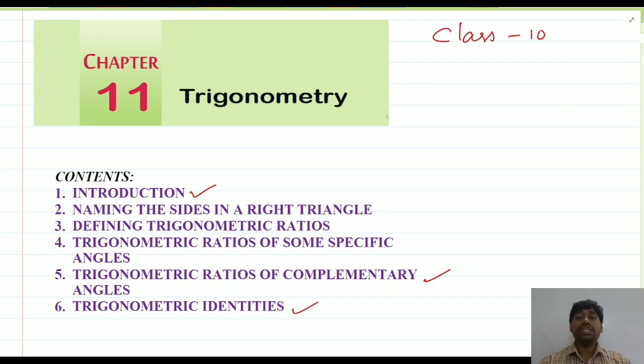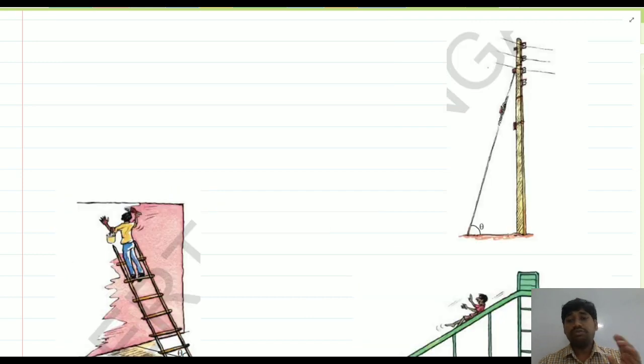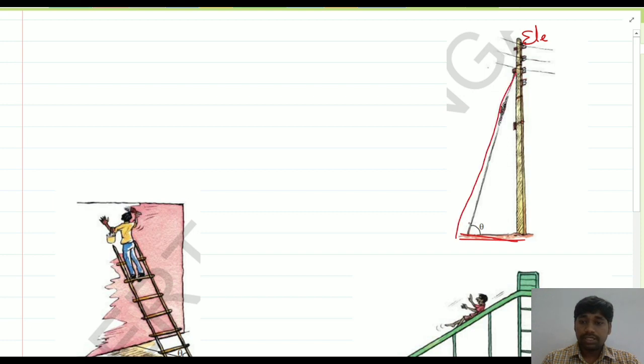In our daily life, you can find these kinds of things in our surroundings. There is a rope and an electric pole. The electric pole is mounted on the ground, and a supporting rope is tied to it. This supporting rope makes some angle at this particular point.